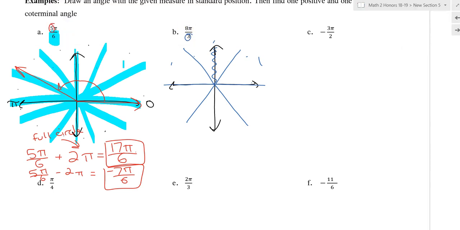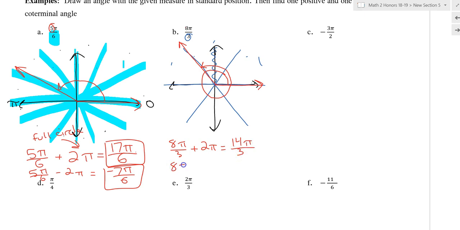Now I want to go 8 of them. So I have 1, 2, 3, 4, 5, 6, 7, 8. So it gets all the way over here into quadrant 2. So to get a positive coterminal angle, I could add 2 pi. 8/3 plus 2 is 14 pi over 3.